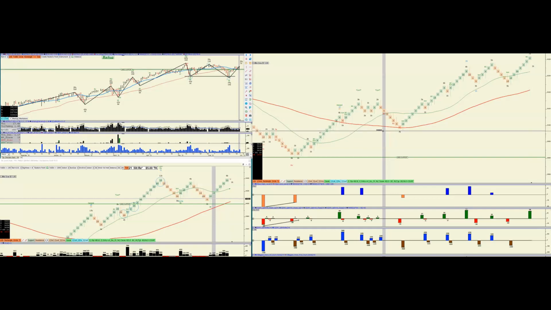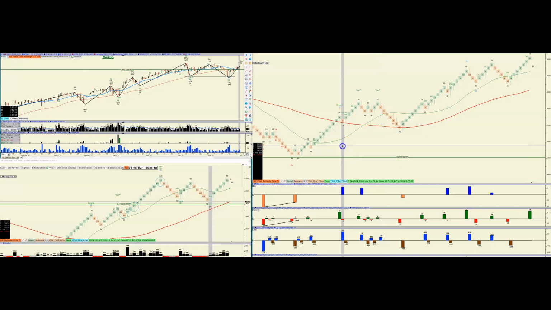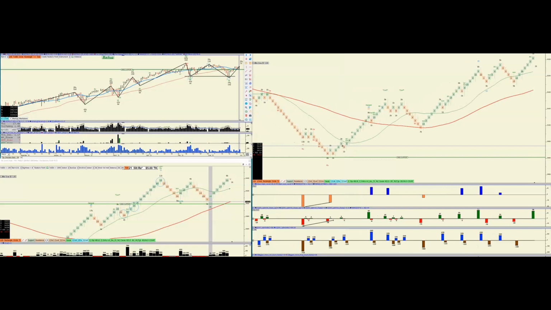So now how do you get in? Alright, I'm not going to go into all of this, but understand that sometimes you're going to miss the entry because sometimes it won't pull back enough for you to get in. If your stop is over here, you have to be very shrewd on the entry.